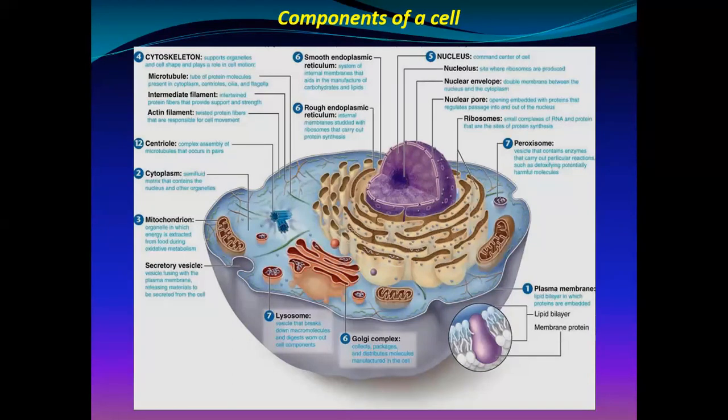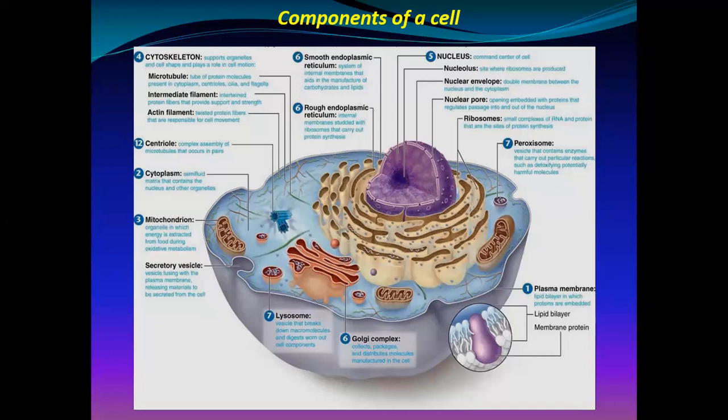And then you have the rough endoplasmic reticulum. On top of the rough endoplasmic reticulum, you have ribosomes, right? The ribosomes are the place where the protein is synthesized. And then you can see, beautifully, the smooth endoplasmic reticulum. They don't have the ribosome, right?